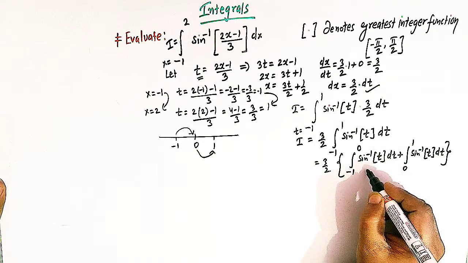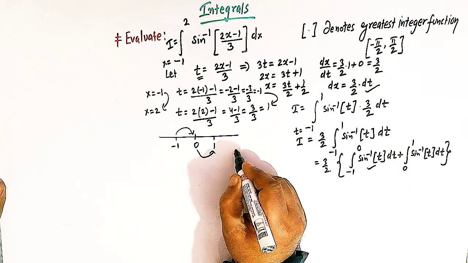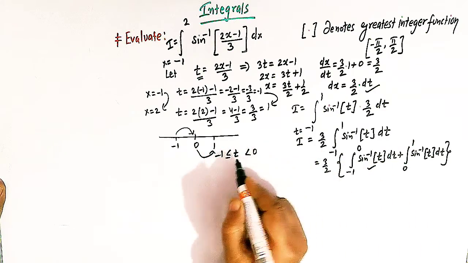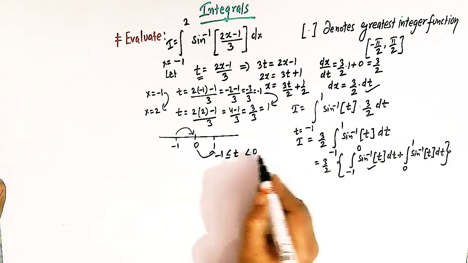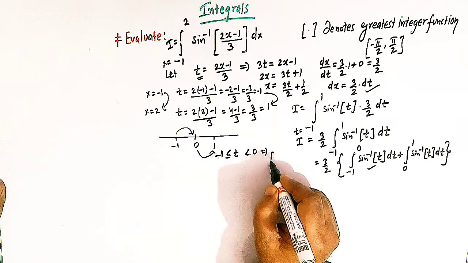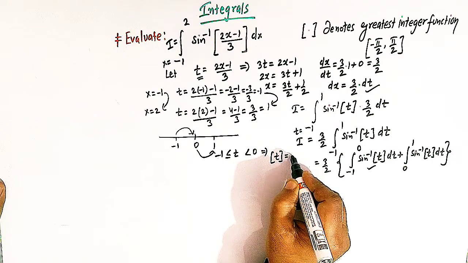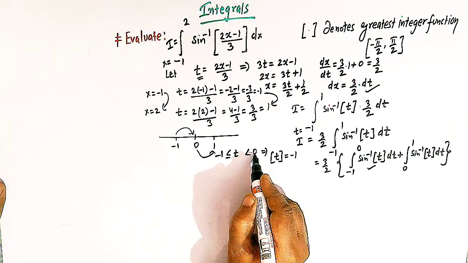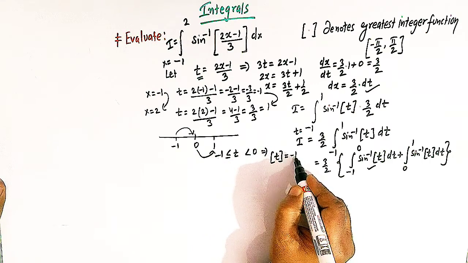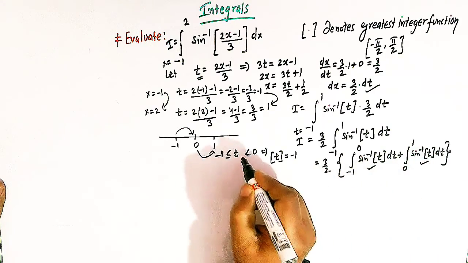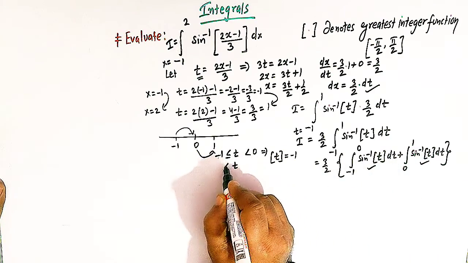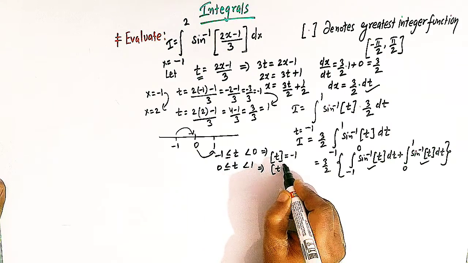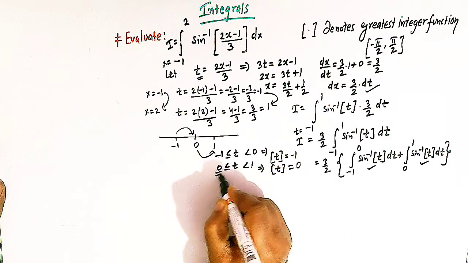Let us first consider this one. Here t goes from -1 to 0. When t lies between -1 and 0, the greatest integer of t is -1. And when t lies between 0 and 1, the greatest integer of t is 0.